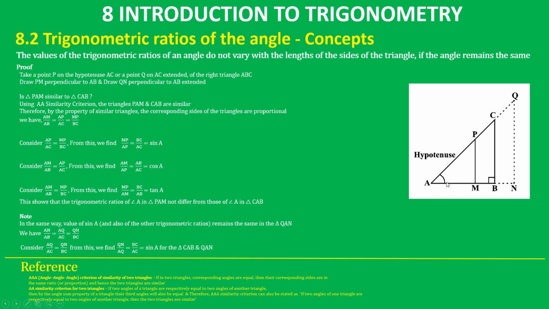That means for the triangles PAM and CAB, all three angles are equal. Corresponding angles are equal.